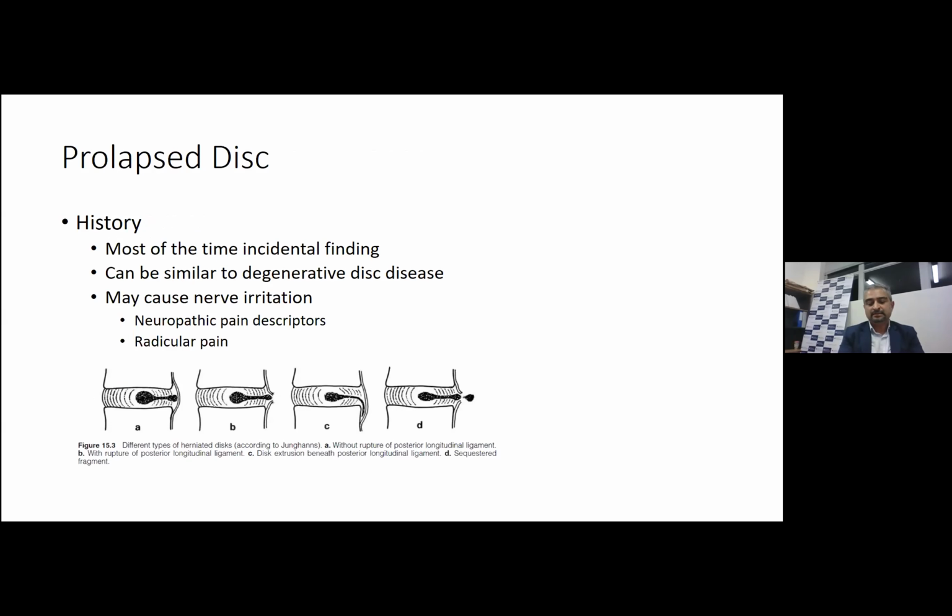To make the diagnosis that a disc bulge is actually the cause of pain, we need a correlation between the patient's history and our clinical findings. Generally speaking, the disc bulge becomes clinically relevant if it's touching a nerve and causing some nerve irritation. Hence, you will end up with radicular pain like sciatica and descriptions of neuropathic pain.